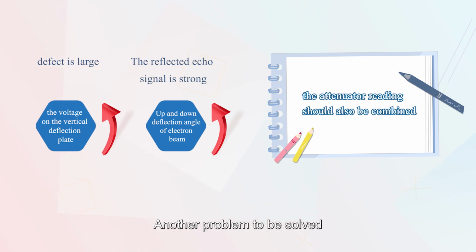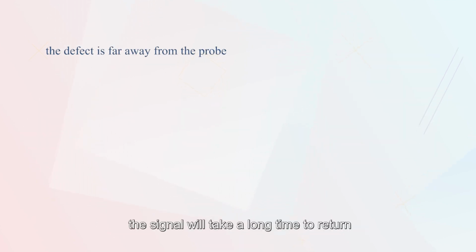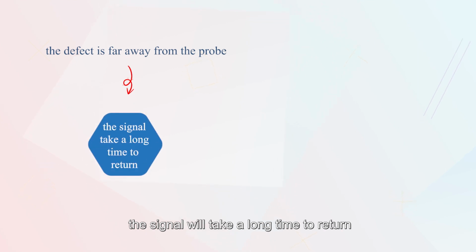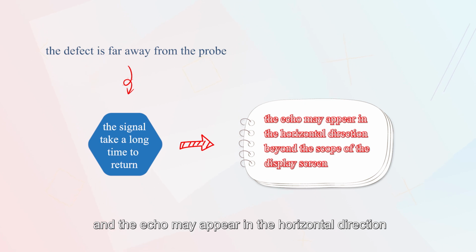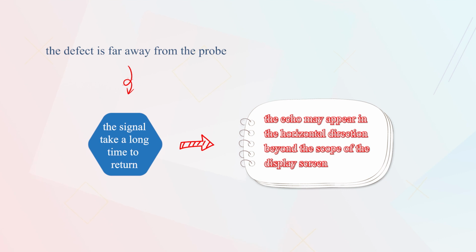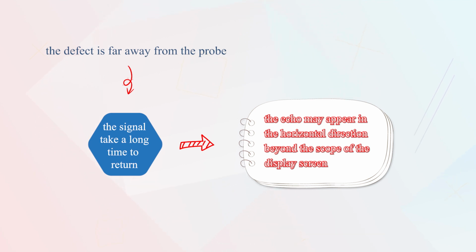Another problem to be solved is that if the defect is far away from the probe, the signal will take a long time to return, and the echo may appear in the horizontal direction beyond the scope of the display screen. Therefore, the display scale should be adjustable in the horizontal direction, which is the scanning speed we have learned theoretically.